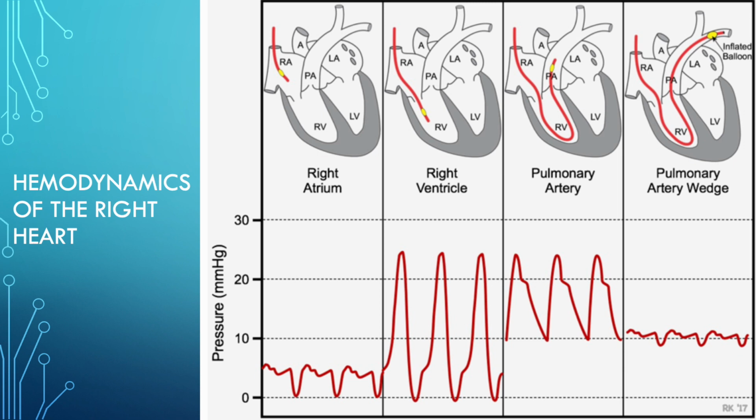And here you can see the hemodynamics of the right heart. People get confused sometimes because they are not familiar with the pressure waves on the right heart, but it's very simple when you look at it. The wave shape itself and the pressure: if it looks like it's 5 millimeters mercury, this will be mostly right atrium, even without looking at the X-ray.